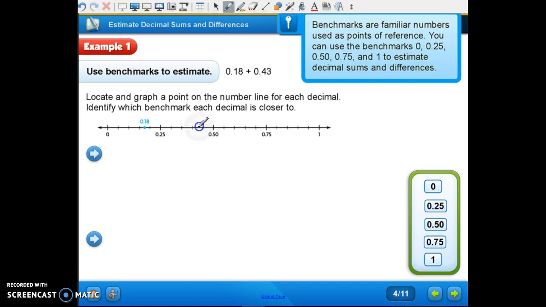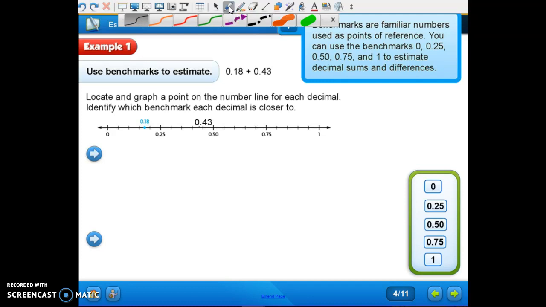So we're going to put a point right there, and we're going to label that 0 and 43 hundredths. Okay, so once you label those two items, it says think.